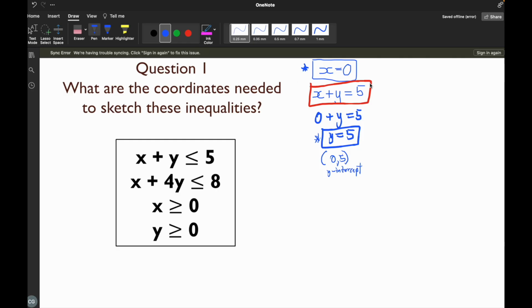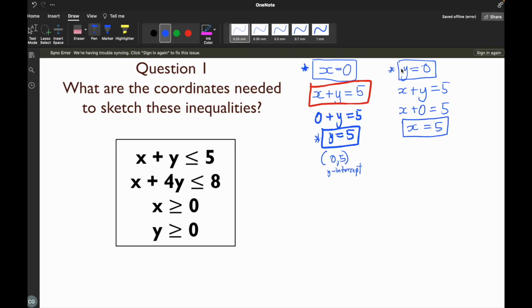Now the next thing that we want to look at is when y is equal to 0, and we're going to use the same equation, because remember, in order to draw the line, we need to find both the y-intercept and the x-intercept. So in this case, I'm substituting y equals 0, so then I'll have x plus 0 is equal to 5. So x plus 0 is x, so therefore x is equal to 5.